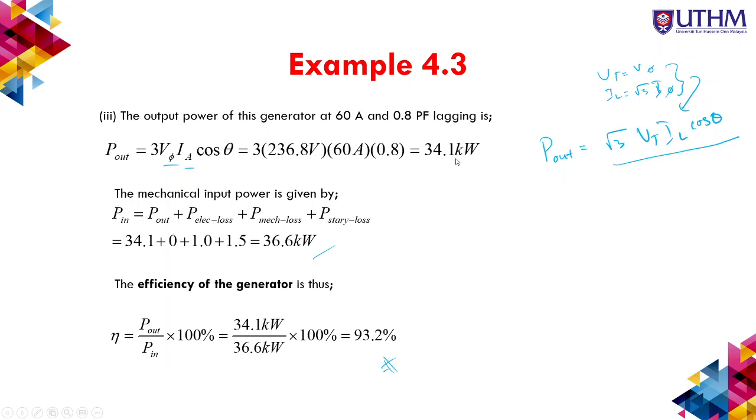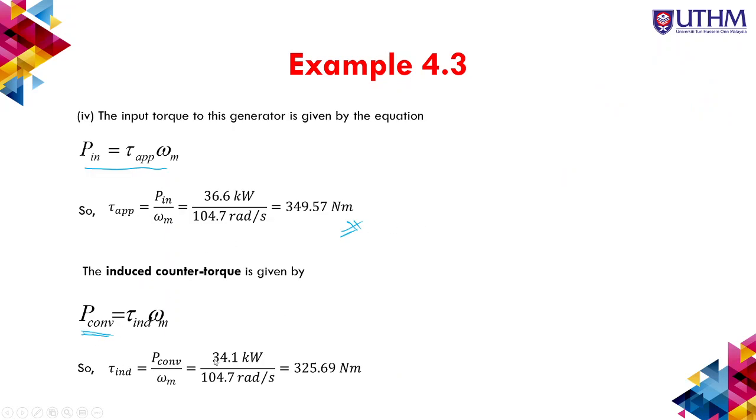So ignoring the electric loss, P converted becomes similar to the P out. So just use the P out value with the angular velocity, and we get the P converted. If we compare here, the applied torque will be larger, more than T induced, of course.